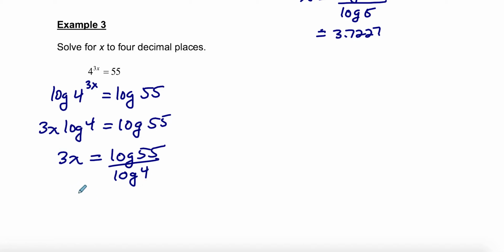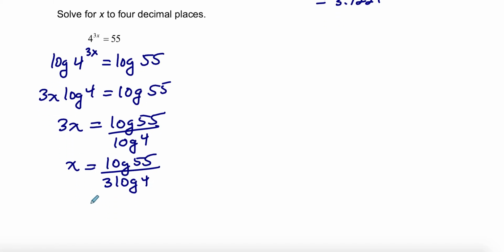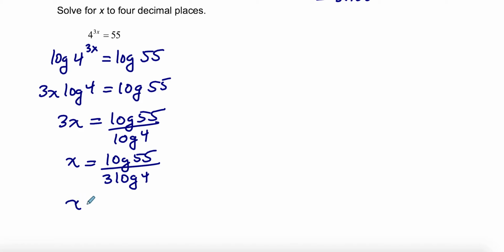And then to isolate my x, since the 3 is multiplying, it could actually be written in the denominator and come down and multiply by 3 log 4. I don't know if you like those steps or not. And then I can type this into my calculator, log of 55 divided by 3 log 4, and I get about 0.9636.